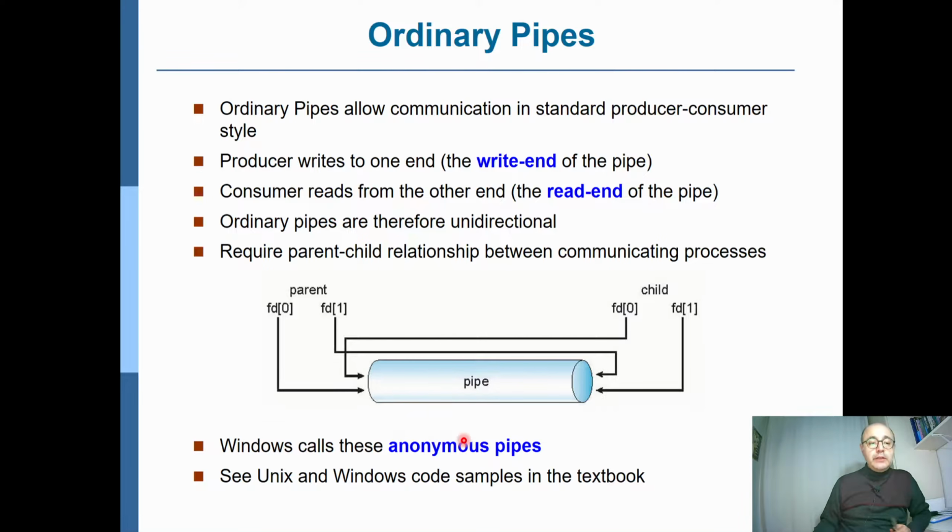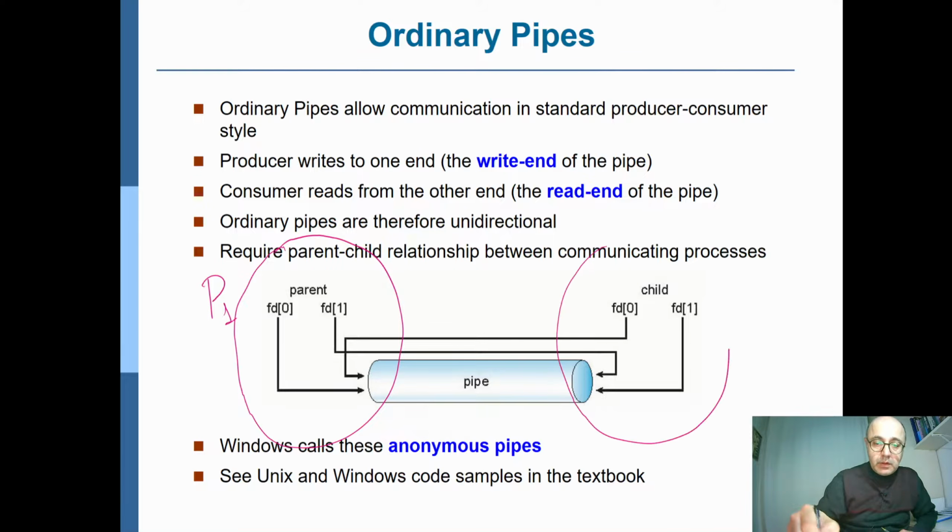So if you have two processes, let me do it this way. I have some producer process, or let me say parent process P1, here. When it forks to create a child process, say P2, it would be created here.